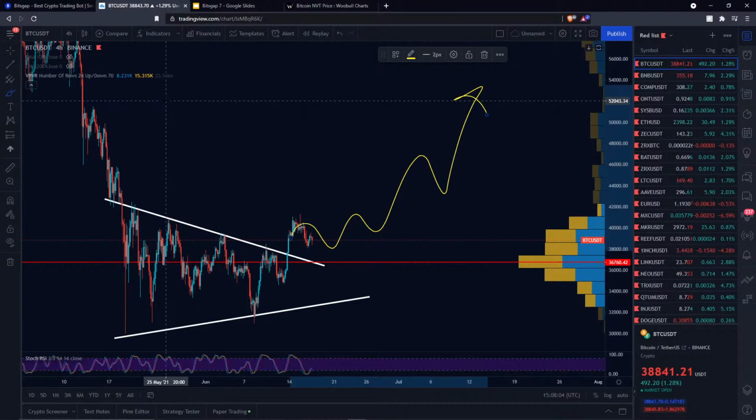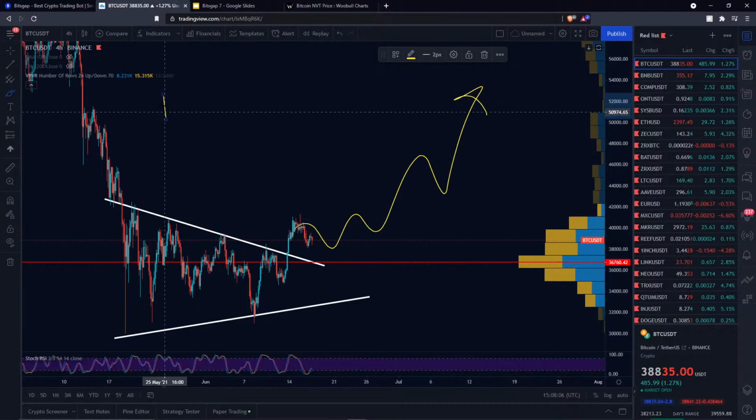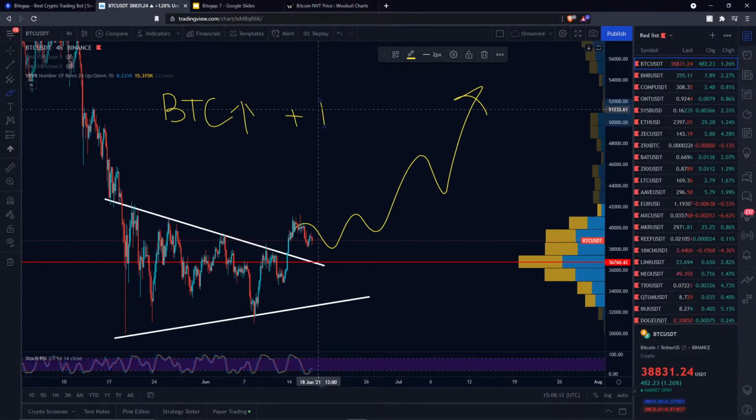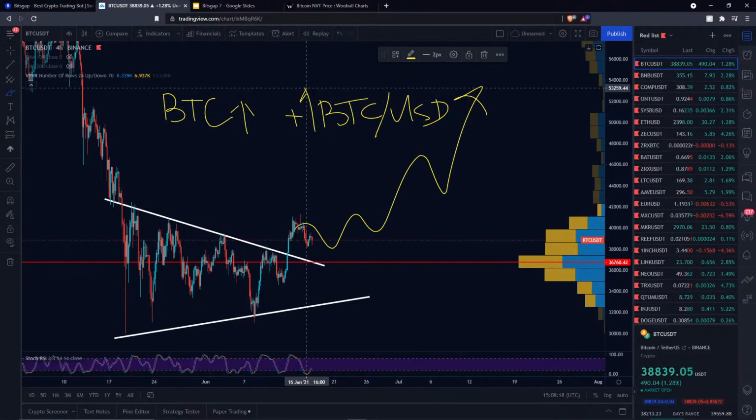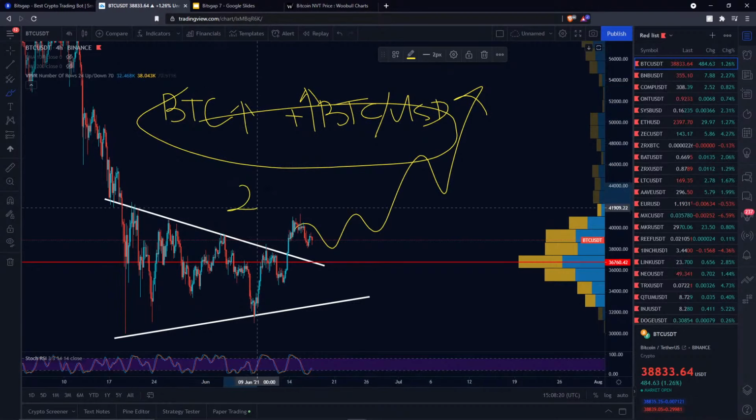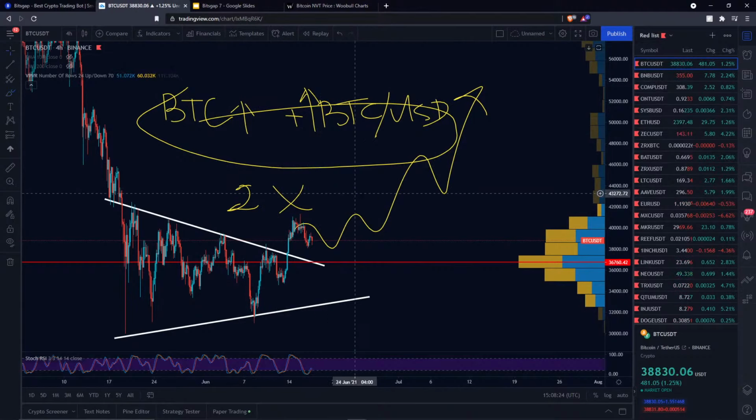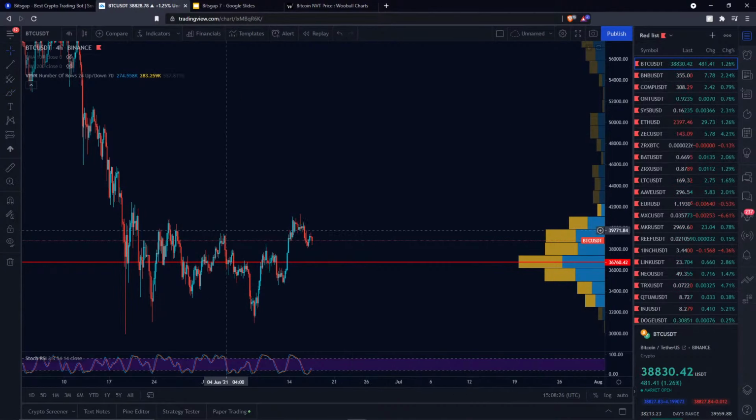So it's pretty much like this. You make your profit in Bitcoin, right? And at the same time, the price of Bitcoin relative to USD appreciates. So that's a double effect. Well, it's not exactly 2x, but you pretty much get a bigger multiplier.